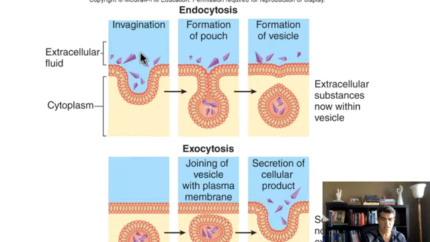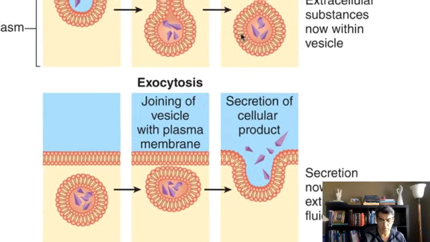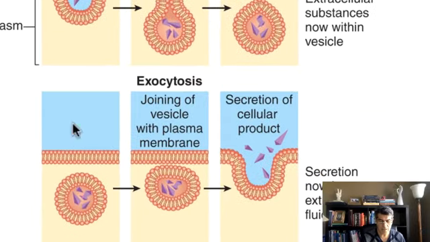Let's say you want to bring this large molecule inside. If you want to bring a large molecule inside, as you can see, your cell membrane is going to invaginate, create a vesicle, and now you have this content inside the cell. By the same token, if you want to move a large particle out, let's say this cell made big proteins, let's say this cell made hormones, and you need to send it out, then this protein is going to be inside the vesicle.